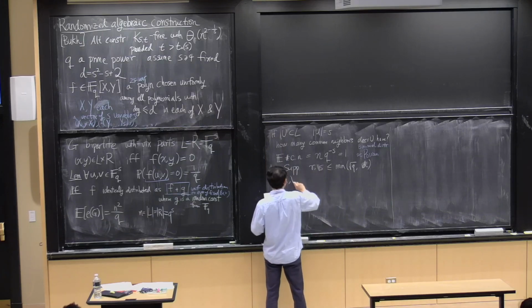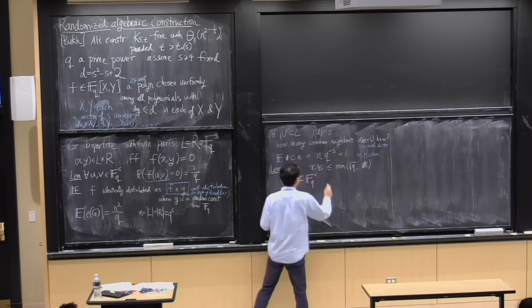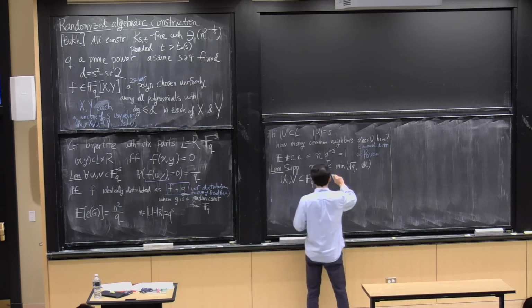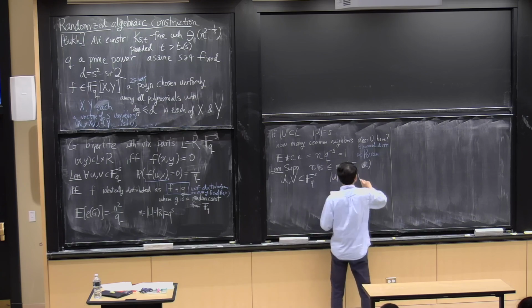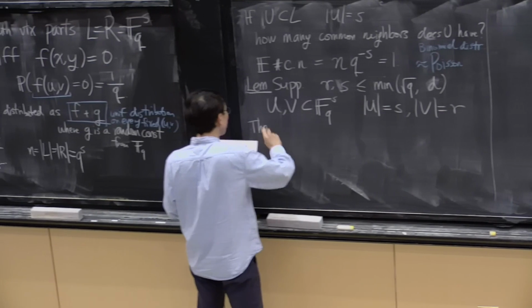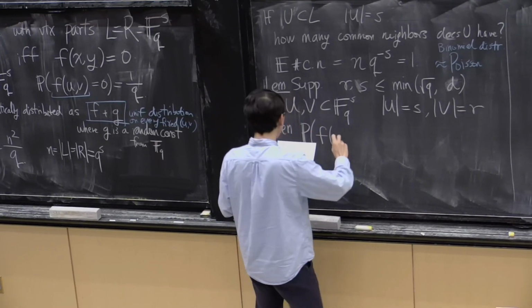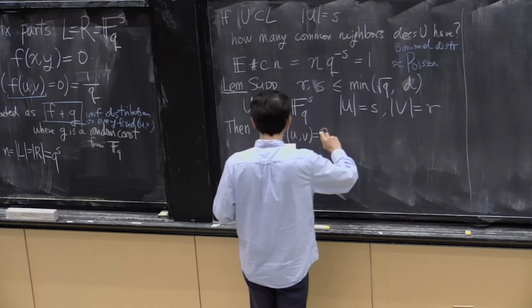Suppose I have two bounded subsets of the finite field, where U has size s and V has size r. Then the claim is about the probability that F vanishes on the Cartesian product of U and V.